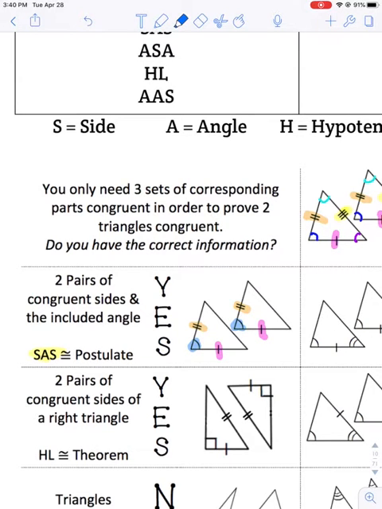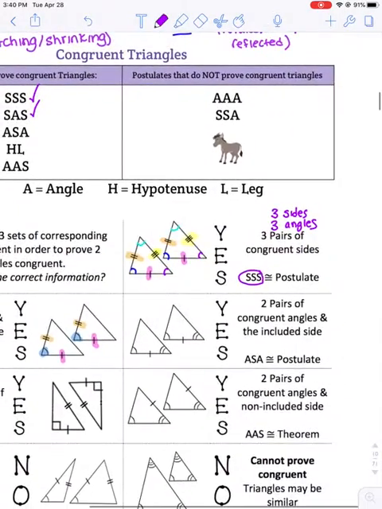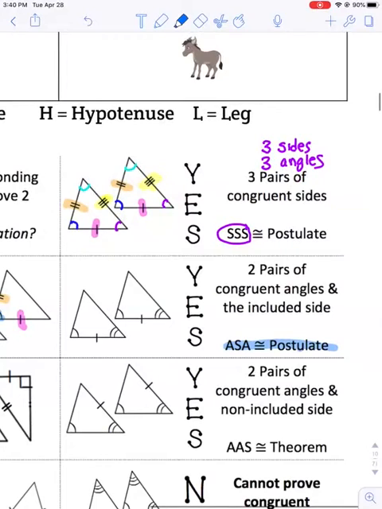But we do know that the angle between the two sides that we know about, we know that those are the same. This is enough information to say all 6 things are the same. So we could say, yes, these two triangles are congruent because two sides are congruent and the angle between them is also congruent. So that's side, angle, side. That works. The next one we're going to look at is the opposite of that, angle, side, angle.